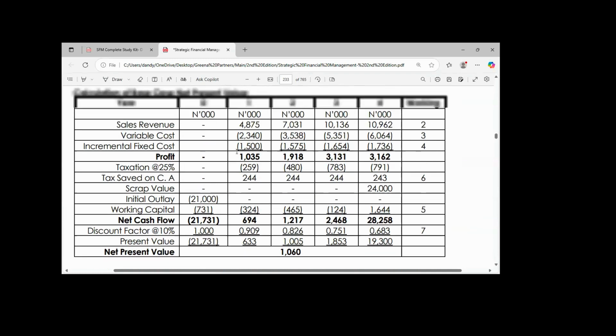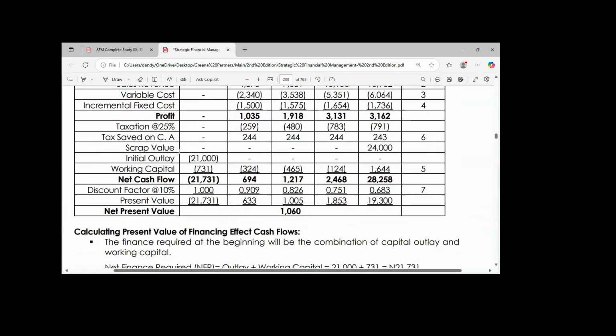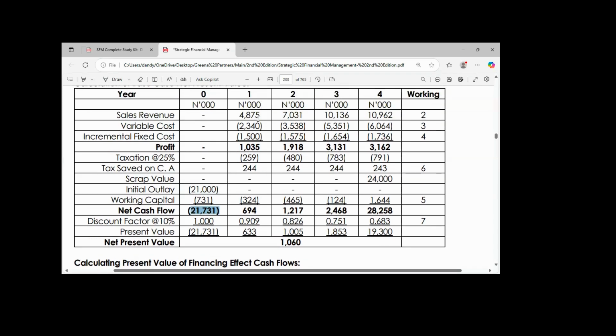At the end of this, we need to calculate the net cash flow. So you sum up outlay plus the working capital of 731. That's what produced the 21,731. Then in year 1 also, you add up 1035 minus 259 plus 244 minus 324.